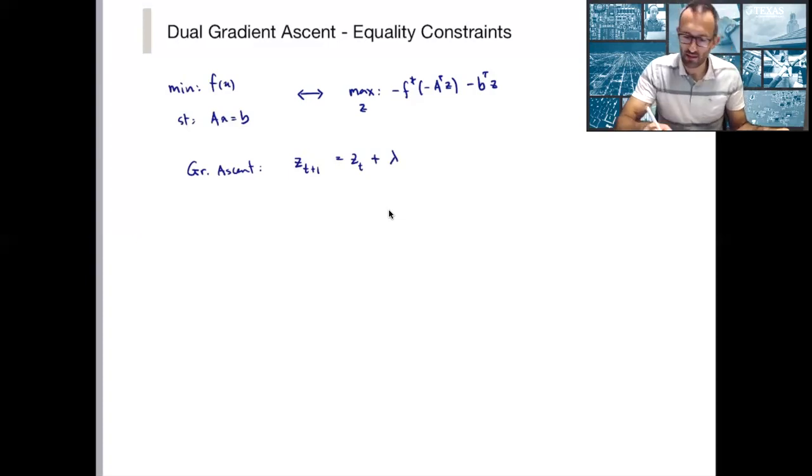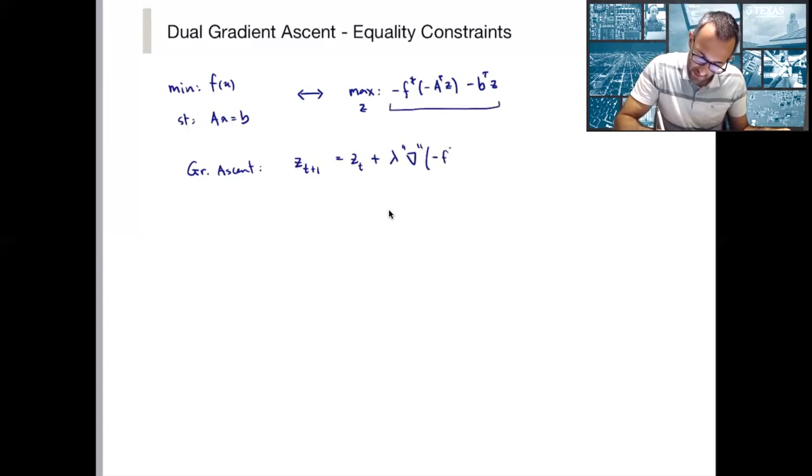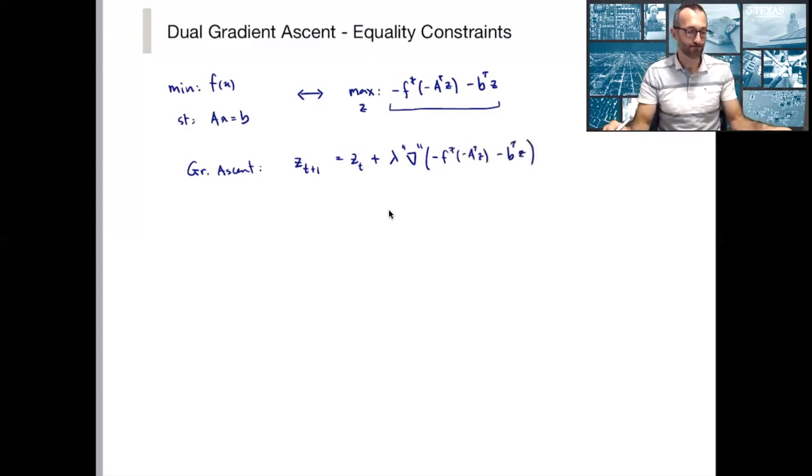Because I wrote gradient, I'm just going to put this in quotes here. The quote of the gradient of this function here: minus f star of minus A transpose z minus b transpose z.